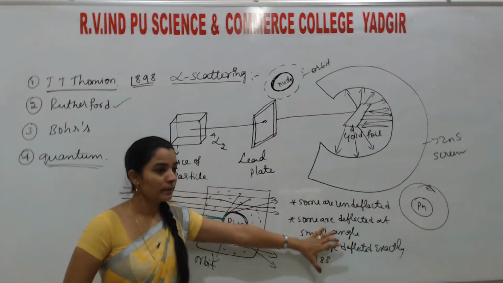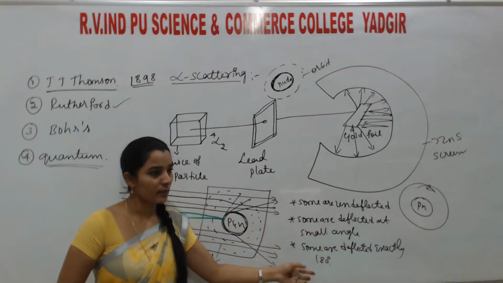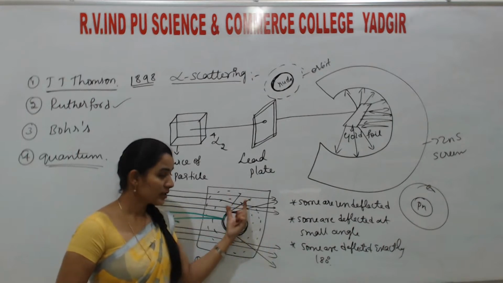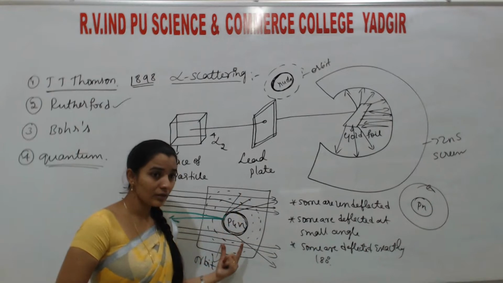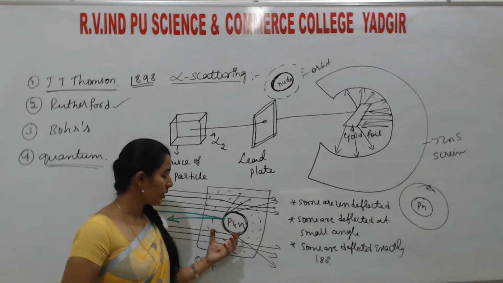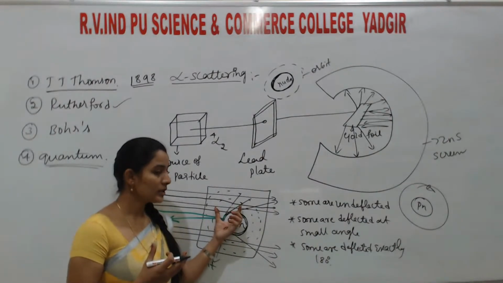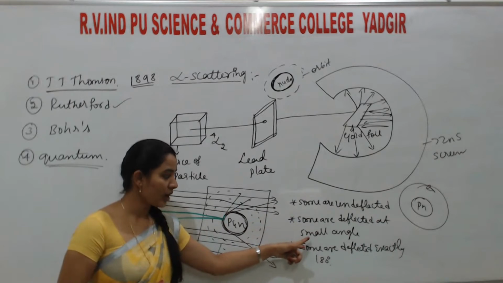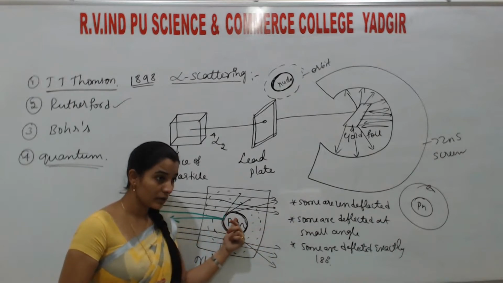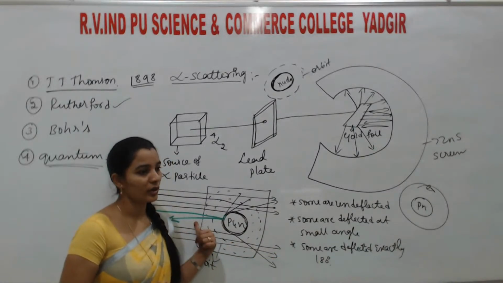Understood? These are the observations. Some are undeflected, some are deflected at a small angle, some reverse back. This is the observation, not the conclusion. The reason: undeflected rays are passing away from the nucleus, small deflected rays are passing nearer the nucleus, and the ones which bounce back fall exactly on the nucleus.